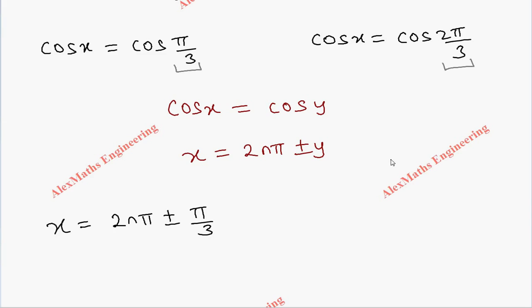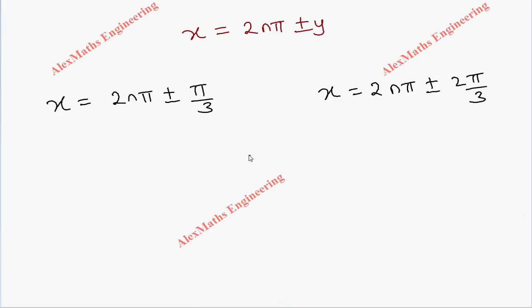And in the second case, x is equal to 2n pi plus or minus 2 pi by 3. We can leave the answer as it is, or further this can be split as x is equal to 2n pi plus pi by 3 and 2n pi minus pi by 3.